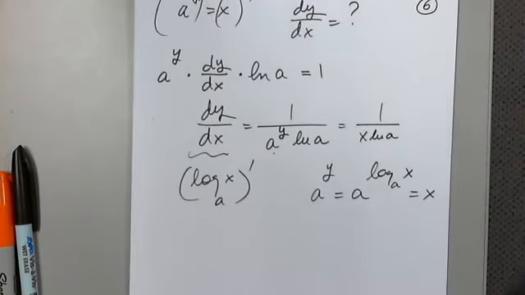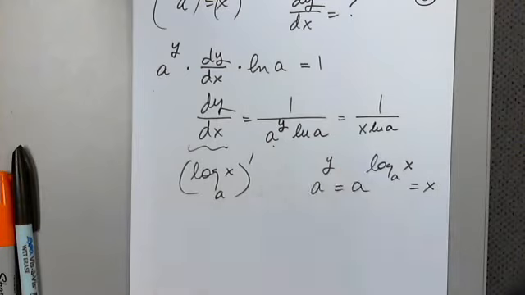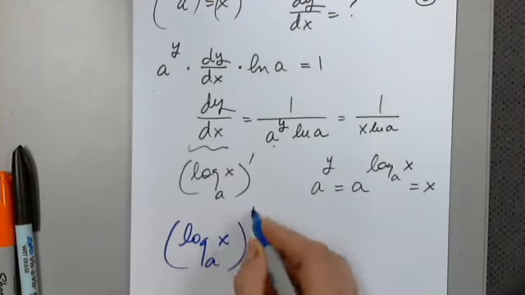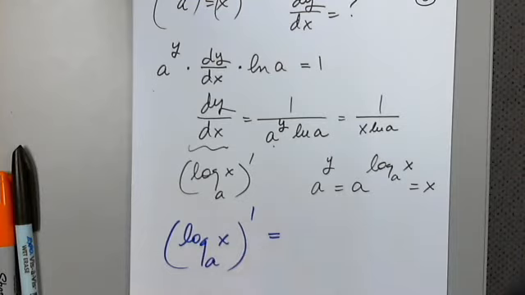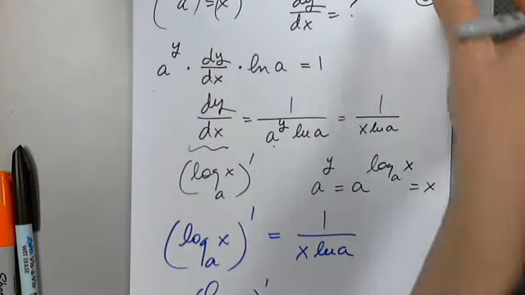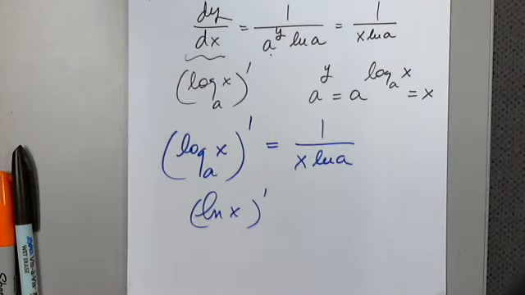So now let's write the final. Let's summarize. Log base a of x prime is 1 over x natural log a. And now I'm going to ask you how much is natural log x prime. This was the general case, but natural log is a special case when a is how much?